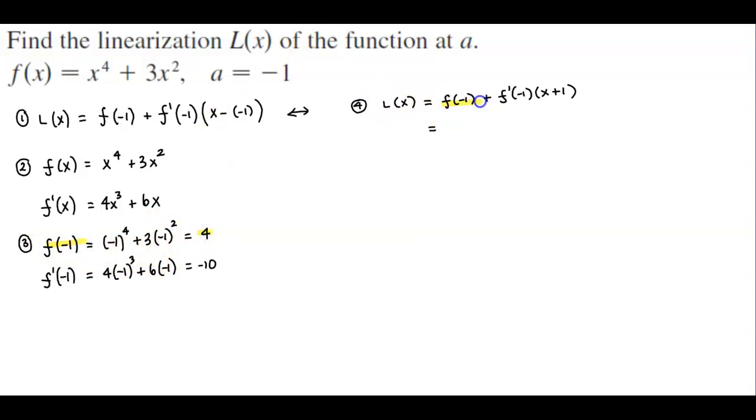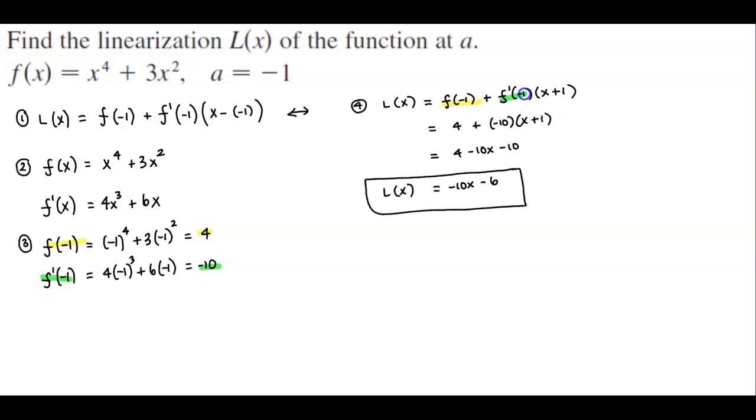So therefore that's going to be 4 plus, we know that f prime of -1 is -10, so plus -10 times x plus 1. So we're going to get 4 minus 10x minus 10. And so therefore it's going to be -10x minus 6. And therefore the linearization L of x is going to equal -10x minus 6.